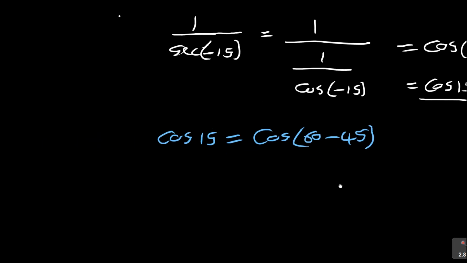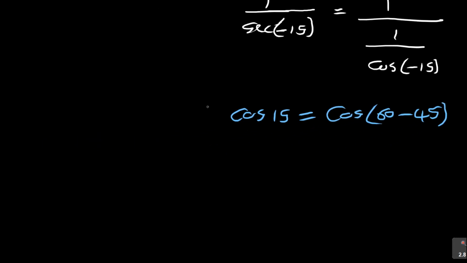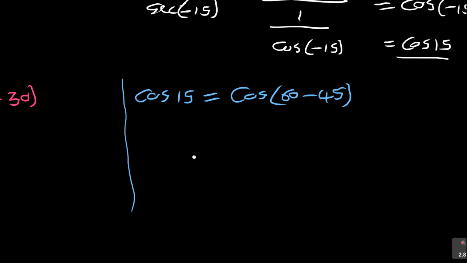Or I can use 30 and 45. Another person can use different ways, it's cos 45 minus 30, sorry about that. Whatever the case, it was going to give you the answer.